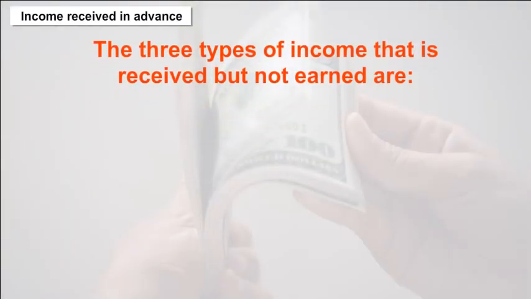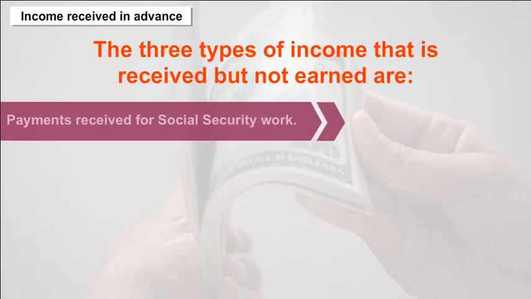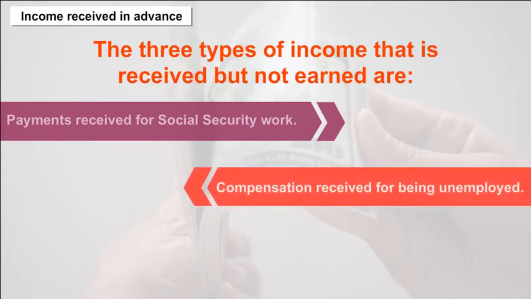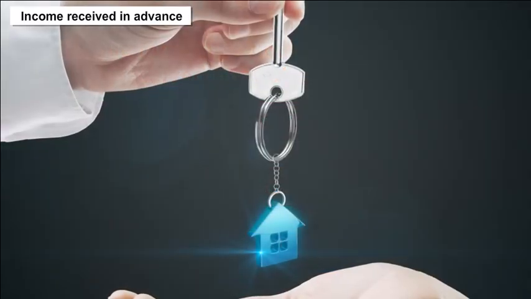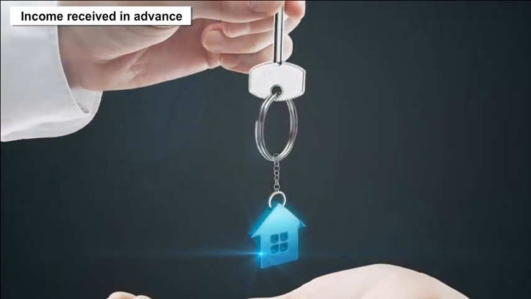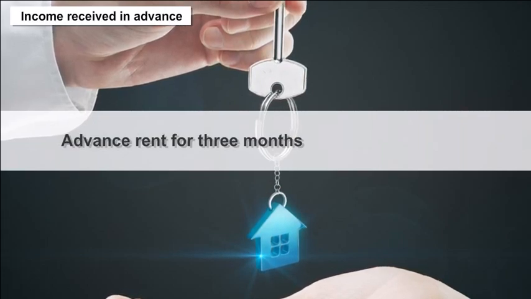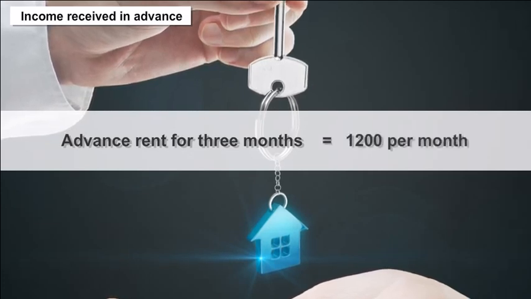The 3 types of income that is received but not earned are: payments received for social security work, compensation received for being unemployed, and payments received for welfare work. Suppose in March 2017, Rohit received an advance rent for 3 months from his friend at the rate of 1,200 rupees per month.